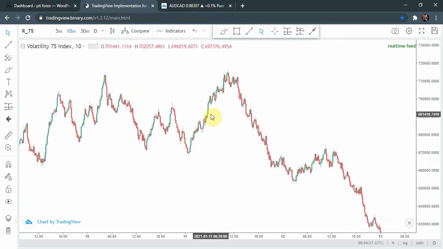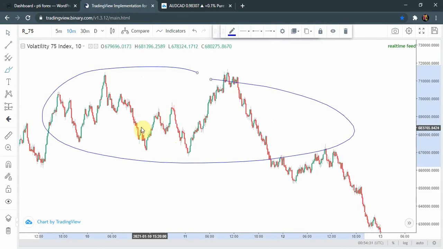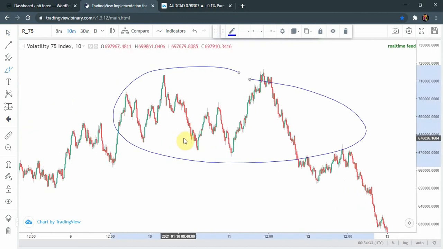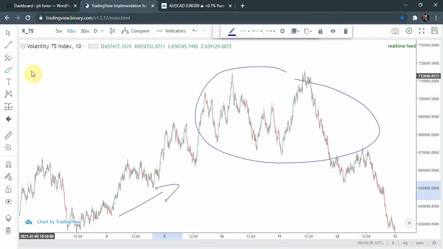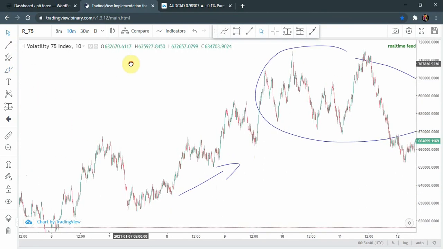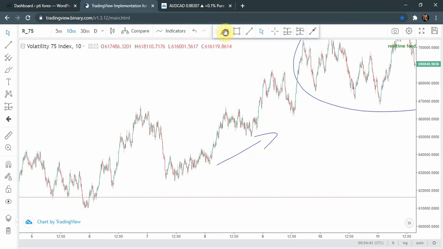For an example, you can see even here, in this kind of an area, there is no clarity on where to enter. Is it now on support or is it now on resistance? So we used to trade some kind of market like this, where the market has now established some form of clear direction. So guys, it is nothing complicated.